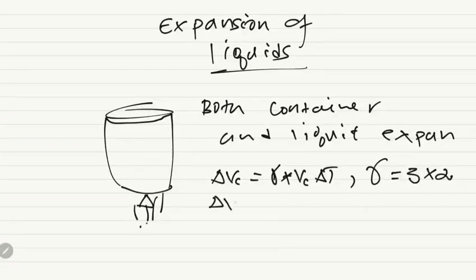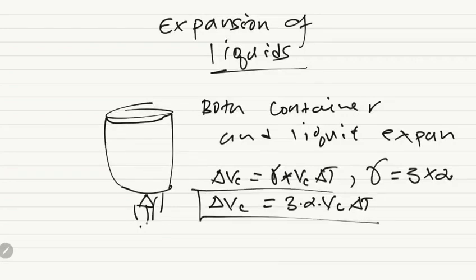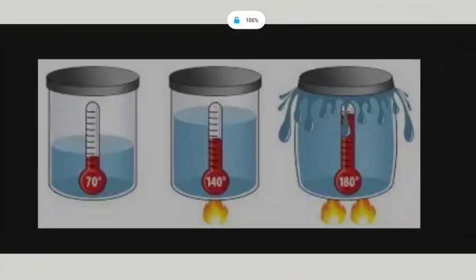So you have the change in volume of the container is equal to 3 times alpha times the volume at the colder temperature times the change in temperature. So this is the change in volume of the container. But activities show that liquids expand more than solids.